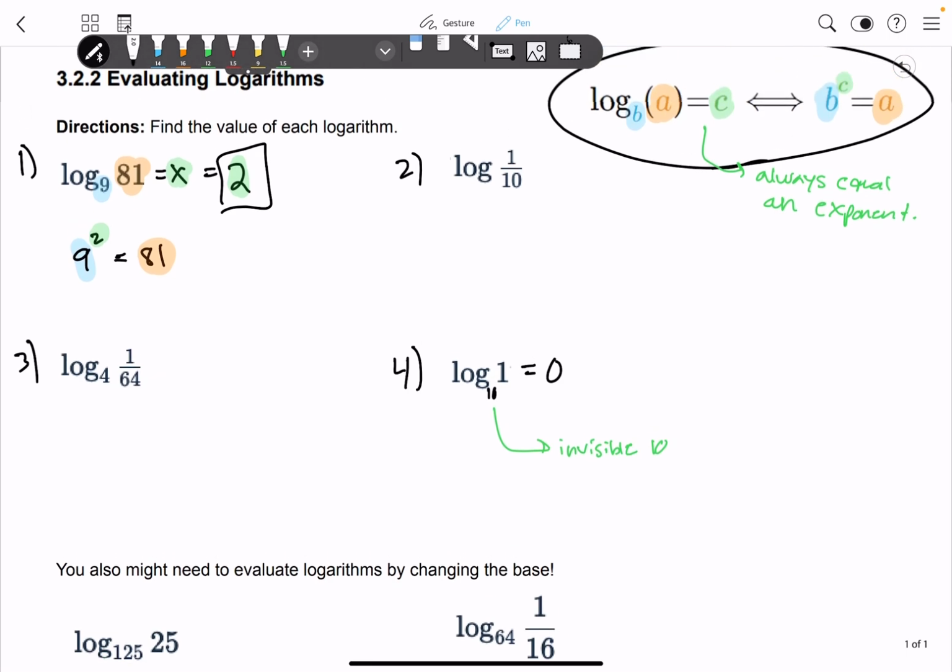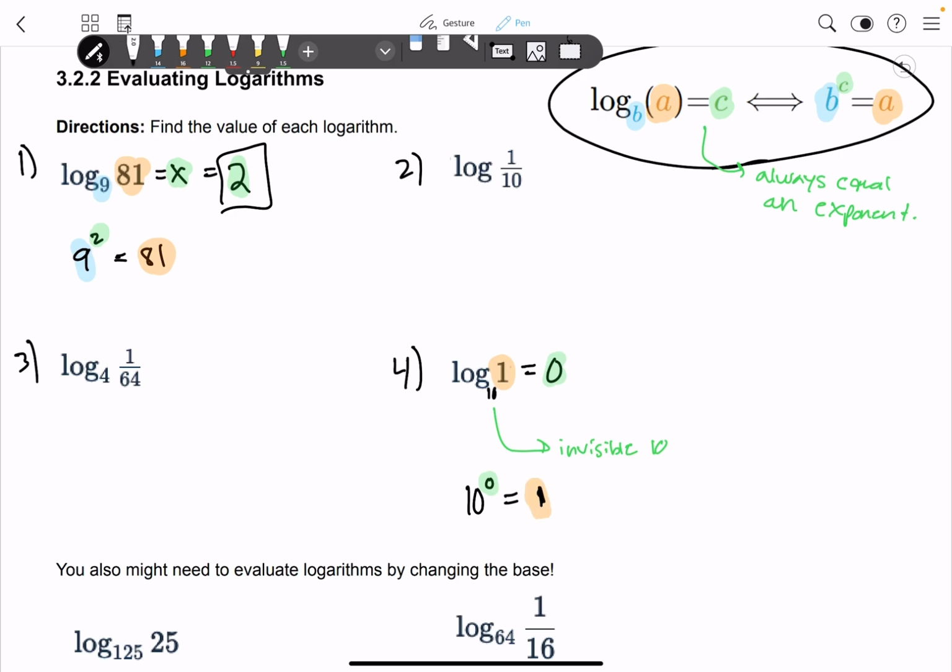Anything raised to the 0 power is 1. So anytime you see that we're taking the log of 1, the answer is always going to be 0, no matter what the base is, because whatever the base is, if we raise that base to the 0 power, the value is always 1.